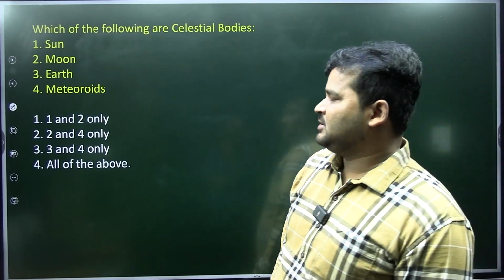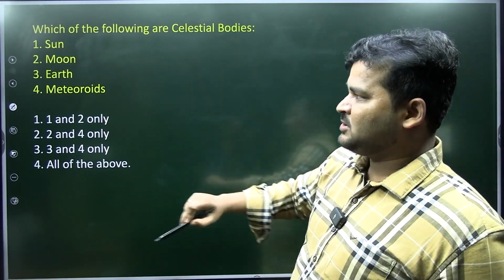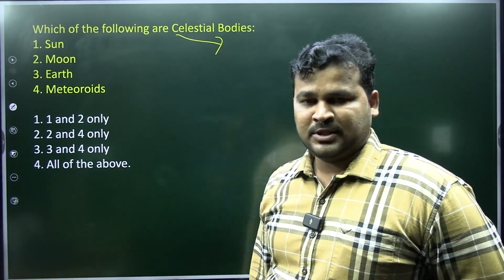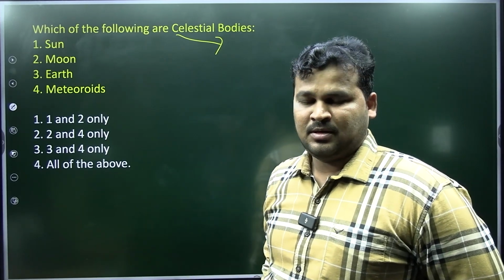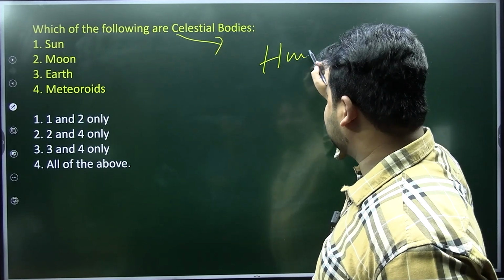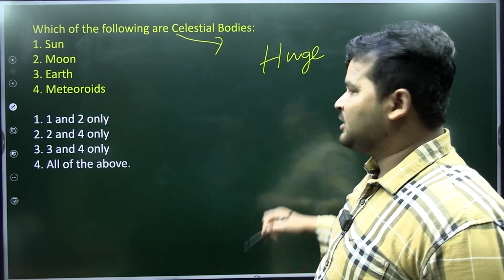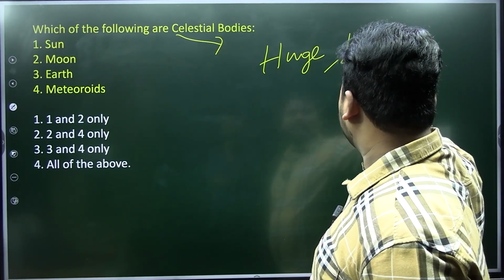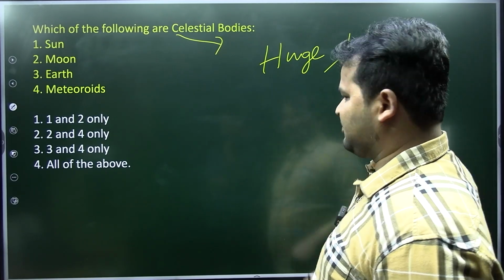According to that, celestial bodies are the bodies which can emit light and heat, and also their size should be huge, with a large appearance.